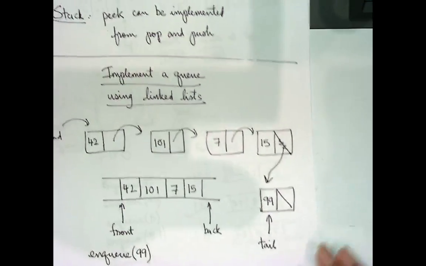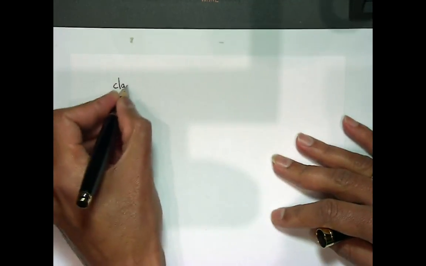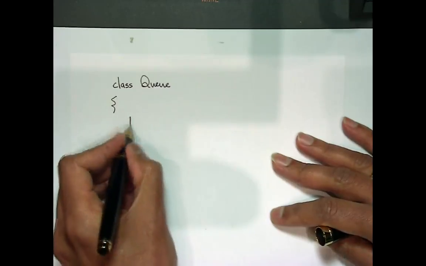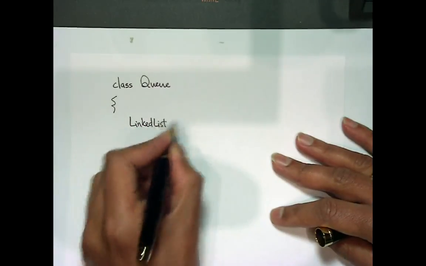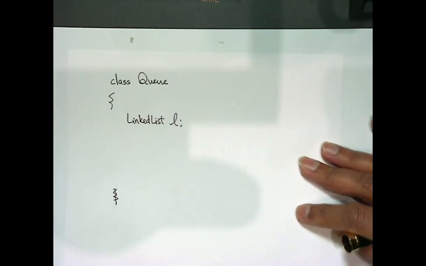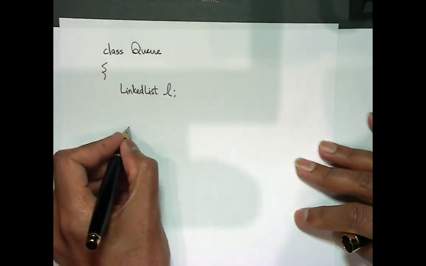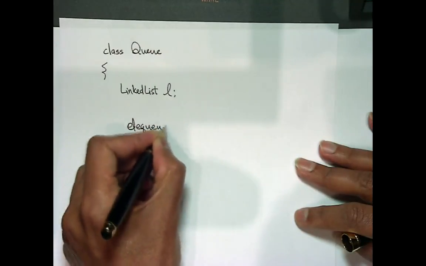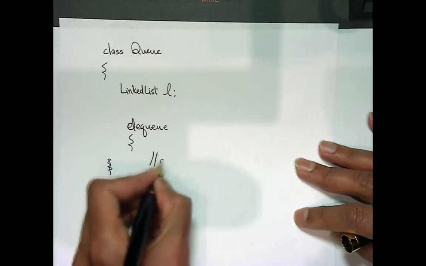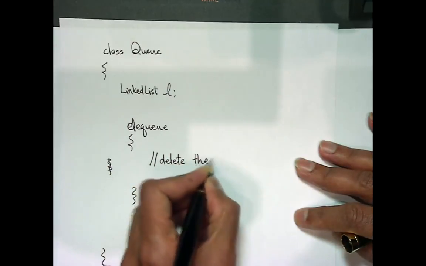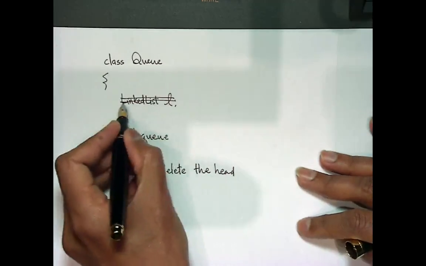So maybe I'll just write this down. If you had a class Q, you might implement that by having some linked list L. Let me actually write this out differently.